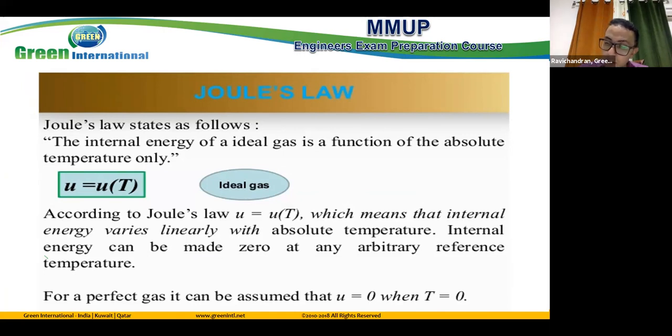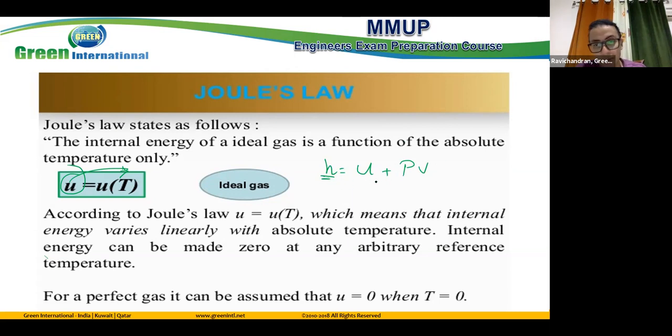So any calculation related to internal energy is a function of temperature only. And also, according to that, we have enthalpy equal to U plus PV. This enthalpy, we solved the last equation last session applying this.